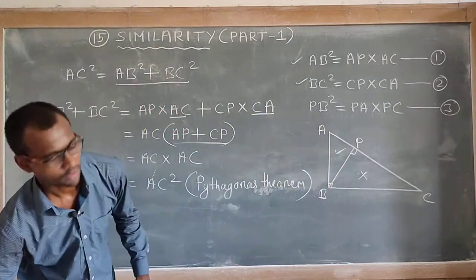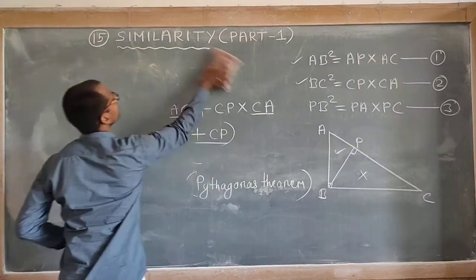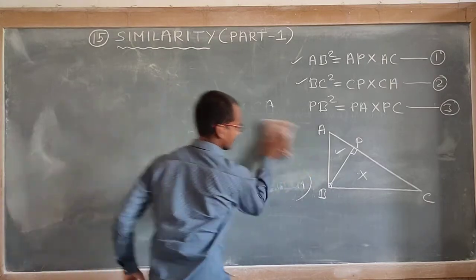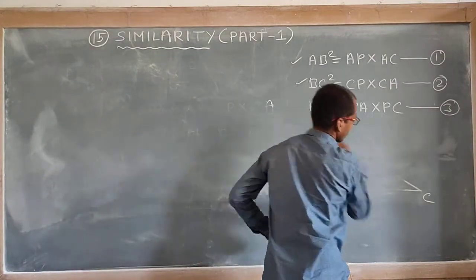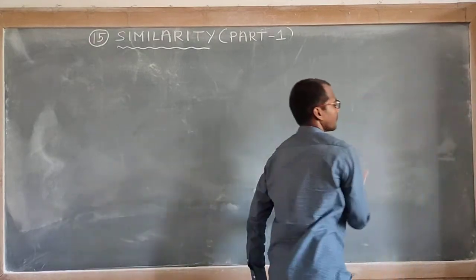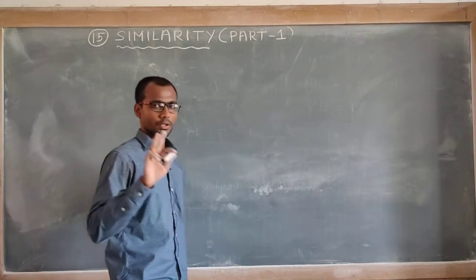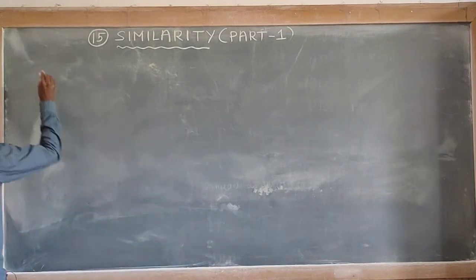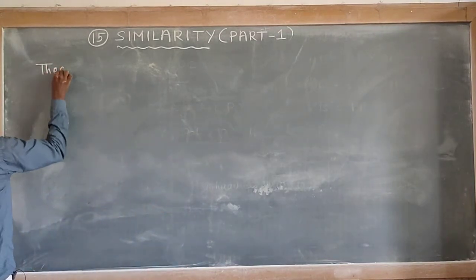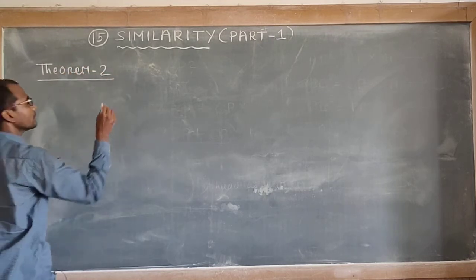So this is theorem number 1. From this theorem, the Pythagoras theorem has been derived. Now theorem number 2.